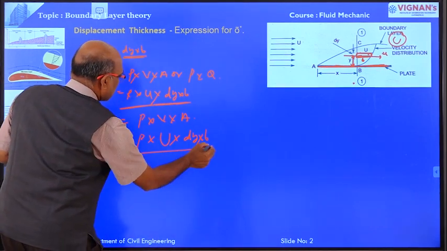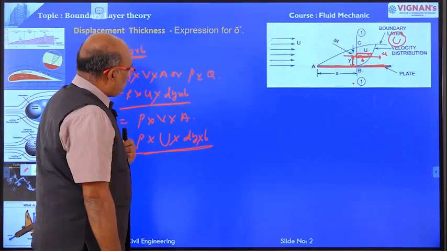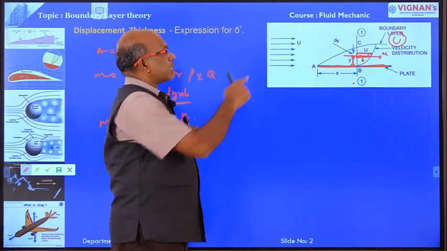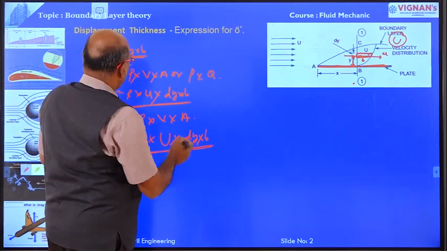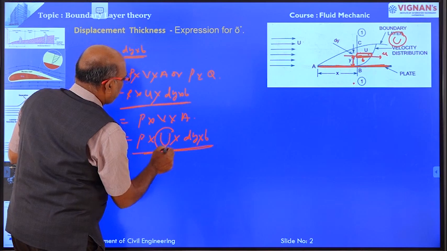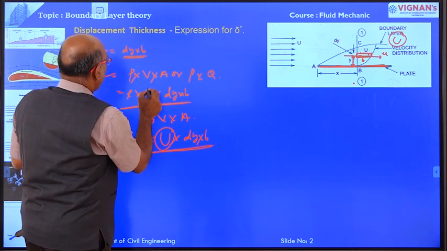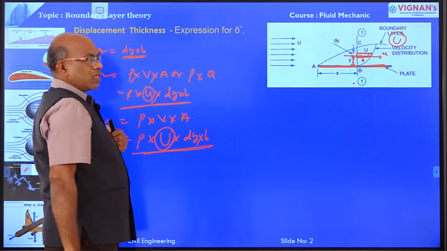This is the mass of fluid flowing through the strip in the absence of the plate. Now here, the velocity in the absence of the plate is more than the velocity in the presence of the plate.